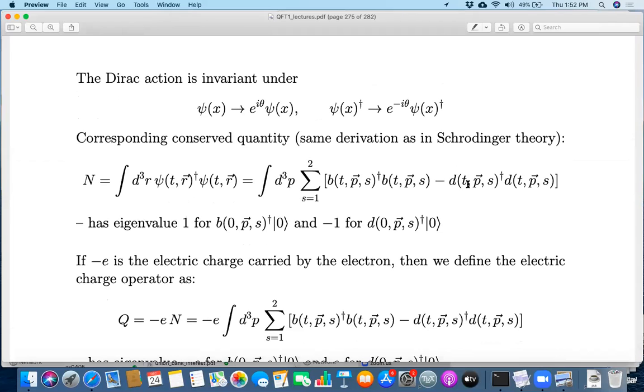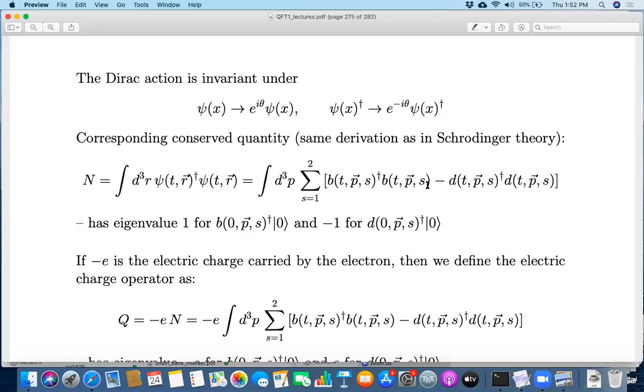Okay, so is this clear? This is just a straightforward exercise to evaluate. But from the structure, we see that if we now apply this N on the state b dagger acting on vacuum, then N has eigenvalue 1, because the commutator of N with b dagger is b dagger.